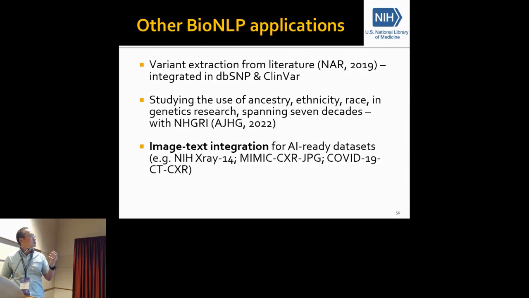We also did a quite interesting study with NHGRI researchers, using NLP to scan the literature for the usage of language in terms of ethnicity and race in genomics research papers, okay? This covered all the papers that have been collected and published in the American Journal of Human Genetics.